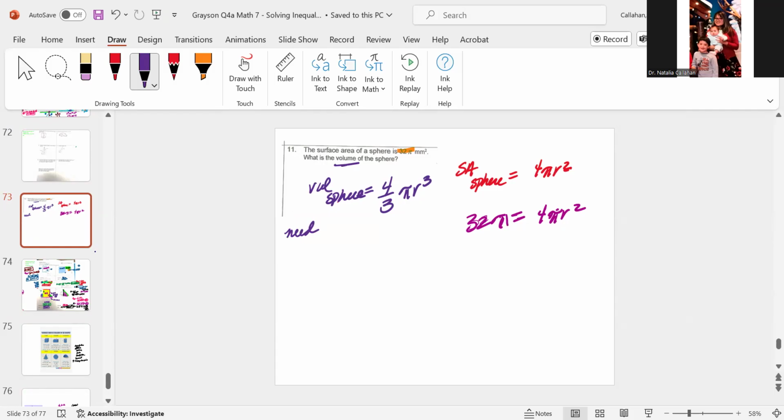What's the variable there that's not given to you? What does that stand for? Yes, so I need the radius. Looking over here at surface area, can I maybe use the formula of the surface area, given the surface area, to find the radius? What do I have on both sides that I can just cancel?